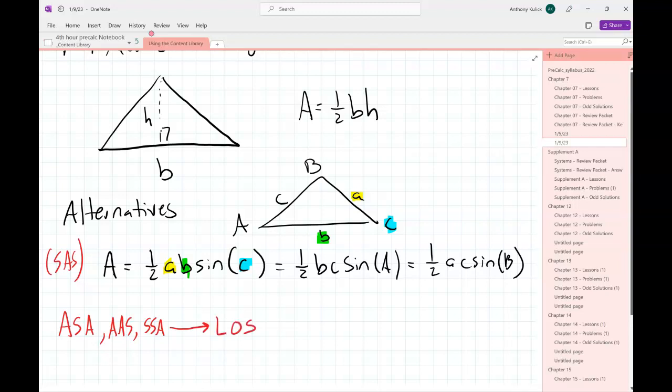I'd have to do a law of sines first, get my missing part so I can get a side angle side, and then I can use that formula. That's kind of the worst case scenario for one of these area problems, where it's not just set up as a side angle side situation. You might have to do a law of sines or something to get the next piece.